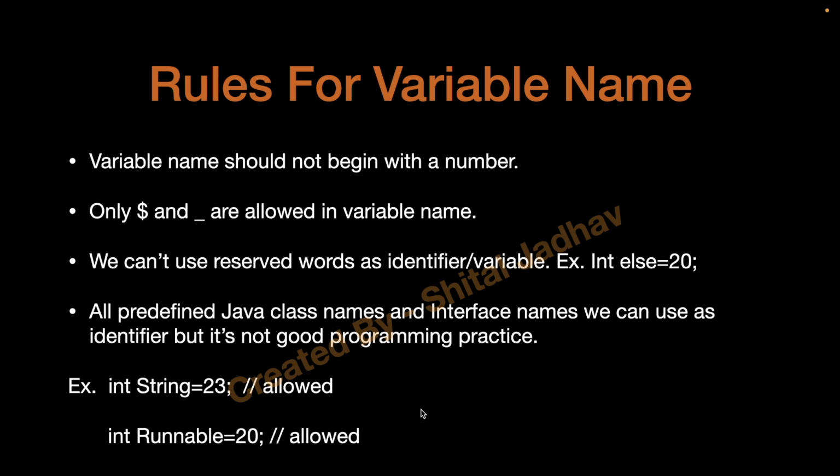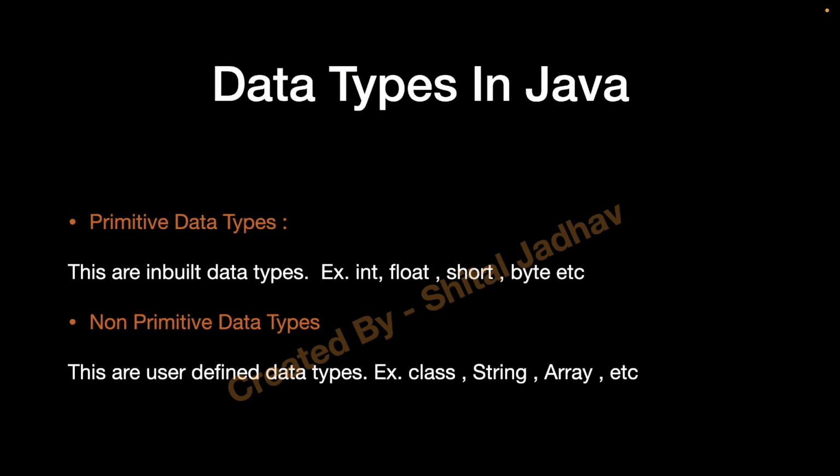Now let's go to the next topic, which is data types. What are the data types we have in Java? We have primitive data types and non-primitive data types. In the primitive data types we have integer, float, short, byte. In the non-primitive data types we have class, string, array.